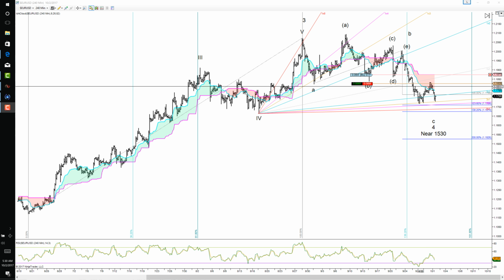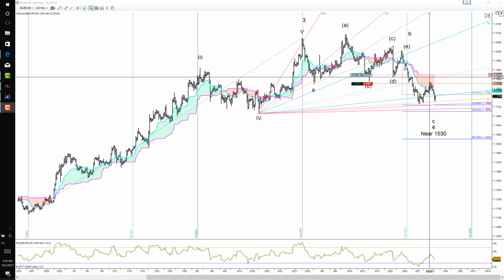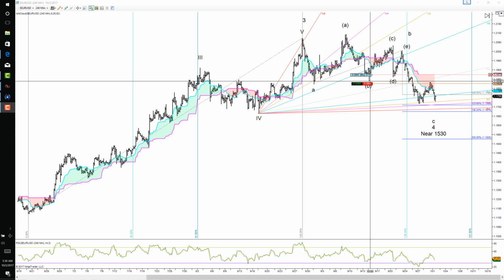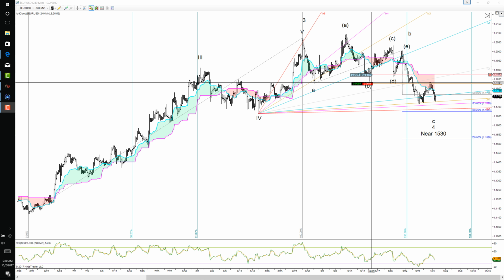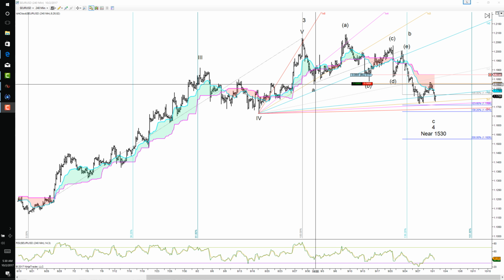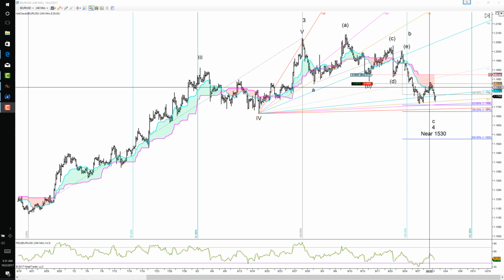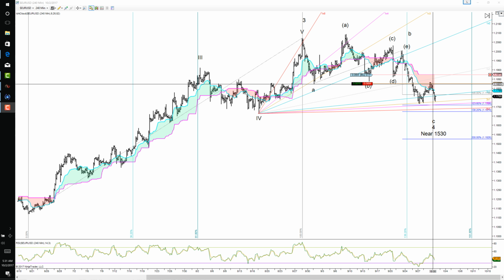That gave me an indication that it would likely find its resistance near the previous. But I didn't think 1838 would be it. I said it would be in the range between 1840 and 1825. I didn't want to go too high, so I said 1825.